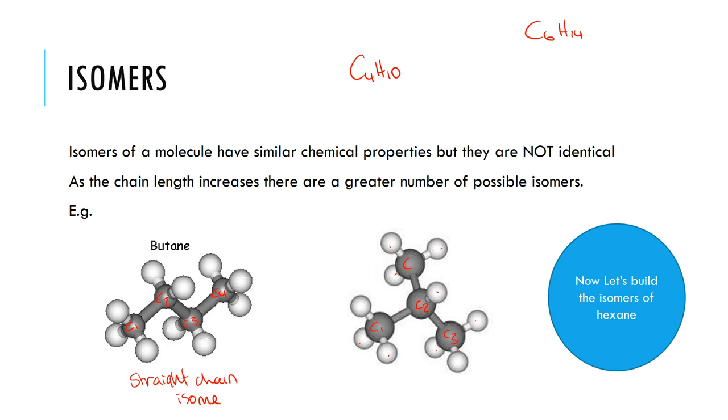Once you've had a go at that, come back and watch the rest of the video. If you have been on cadet camp and you don't have a model kit with you, have a go at drawing them on a piece of paper and see how many you can come up with. And then come back and I will draw them all out for you.